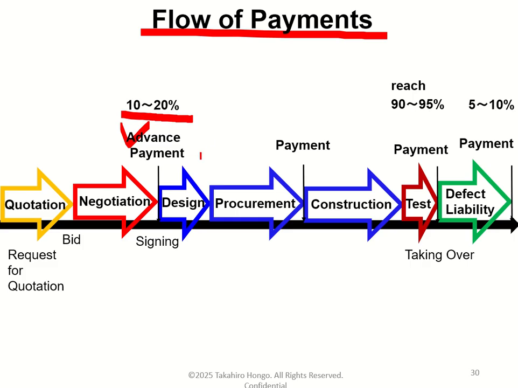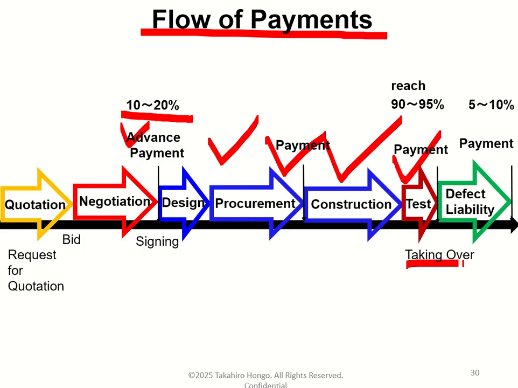After that, there are some interim payments. By around the time of taking over, the total payment will reach 90 to 95% of the contract price, and the remaining 5 to 10% of the contract price will be paid to the contractor after the defect liability period.